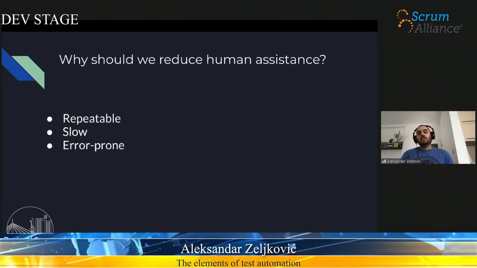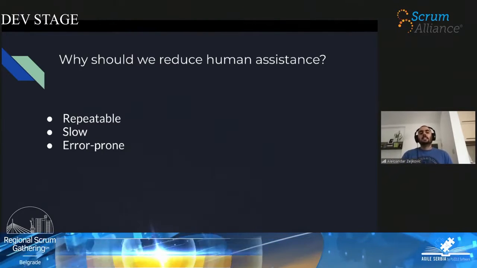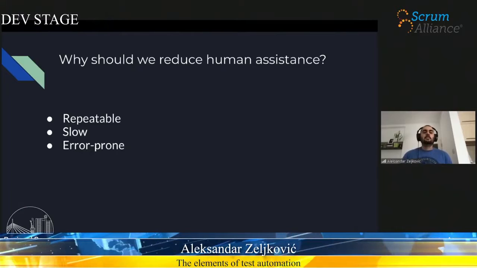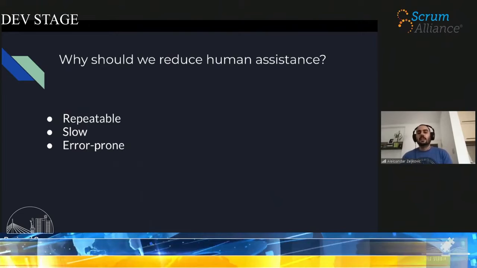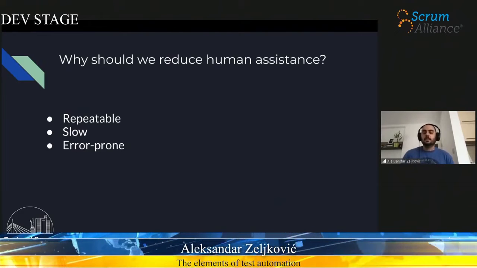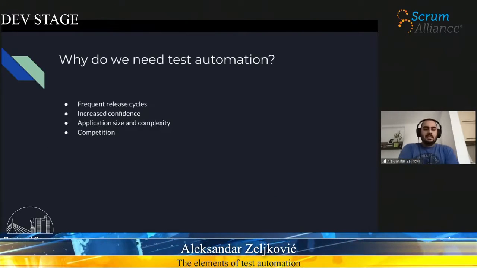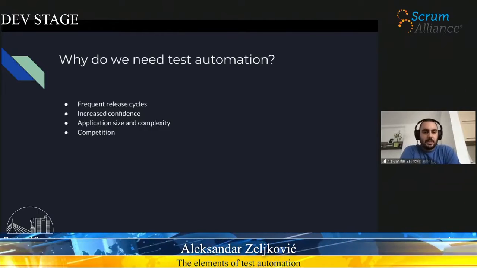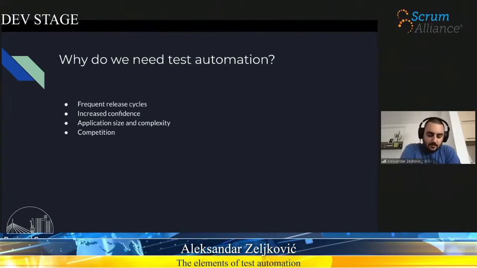Machines don't have those problems, and they can execute tasks without those side factors that affect humans. So there is a variety of tasks out there where machines are much better in execution than we humans are. That leads us to the core topic. Why do we need test automation?